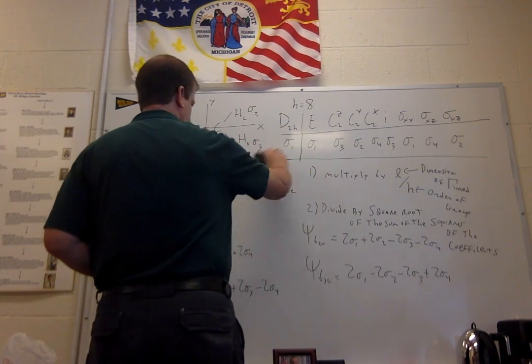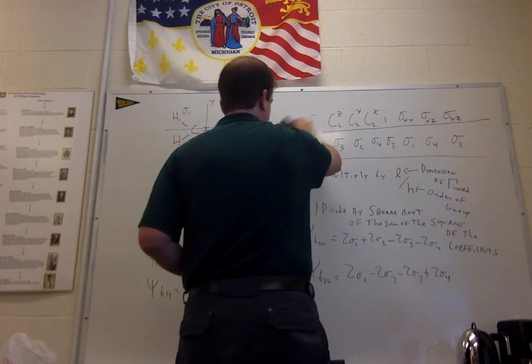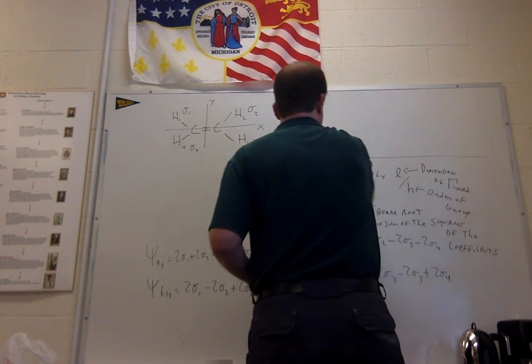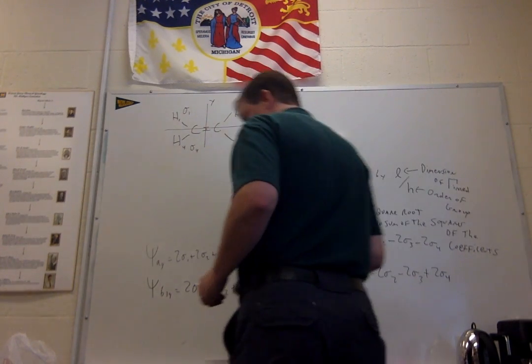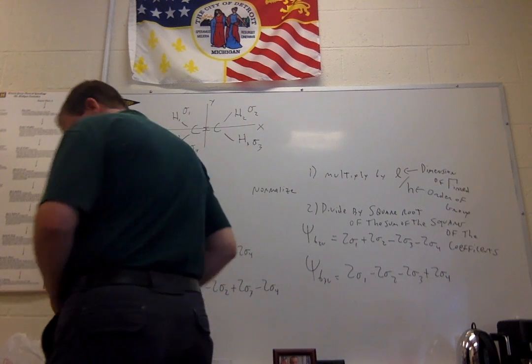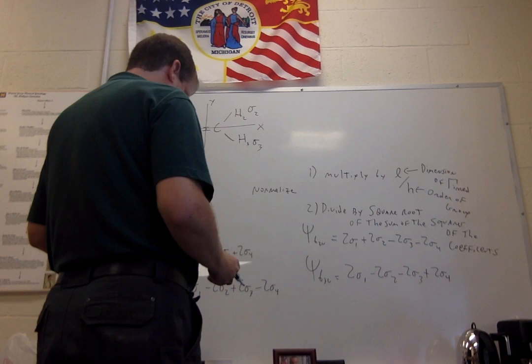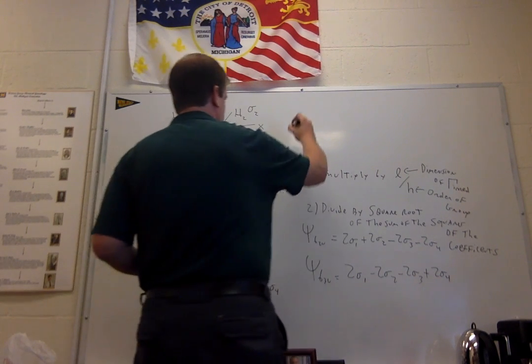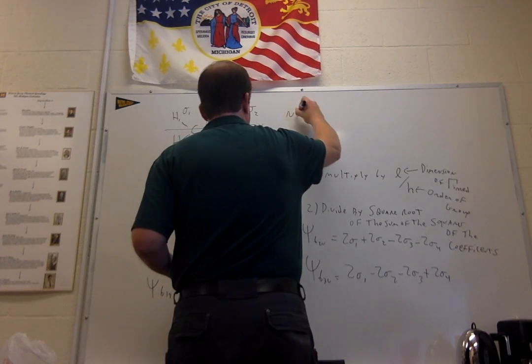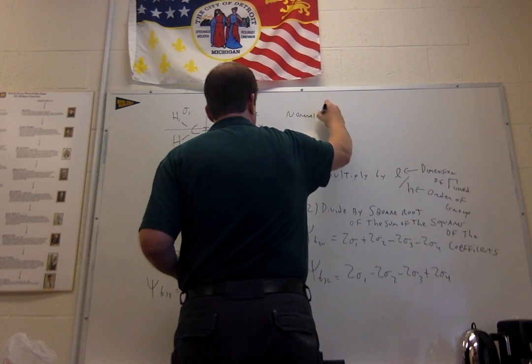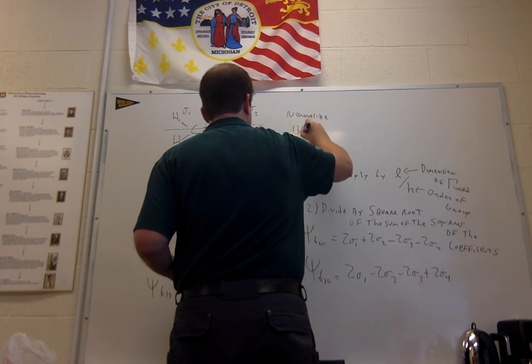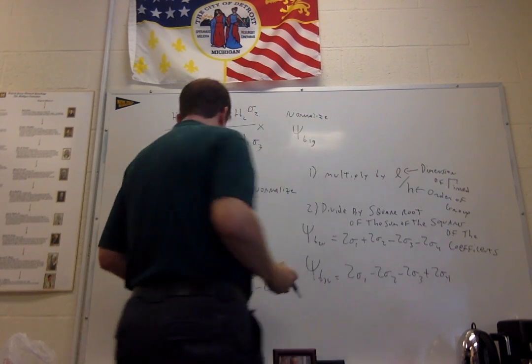We're done with the Cartesian coordinates. So let's normalize. How about we'll start with B1G.